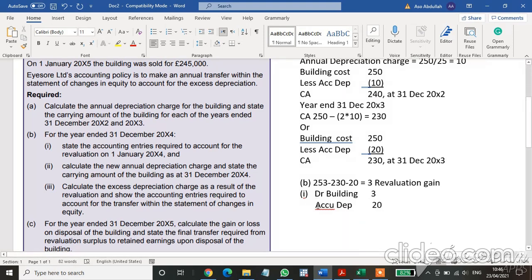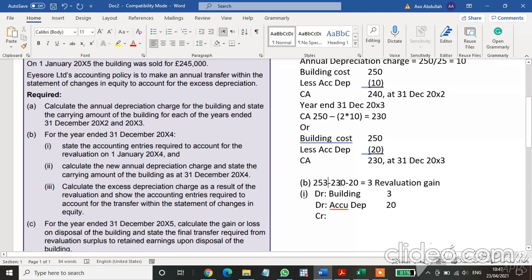So this is again debit. So there is 23,000 on the debit side, and we need to record 23,000 on the credit side. Where is 23,000 coming from? 23,000 is coming from the revaluation gain.